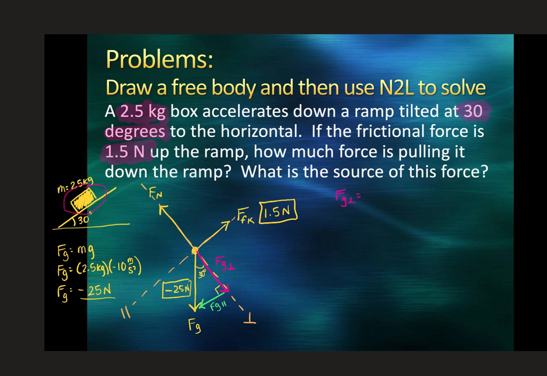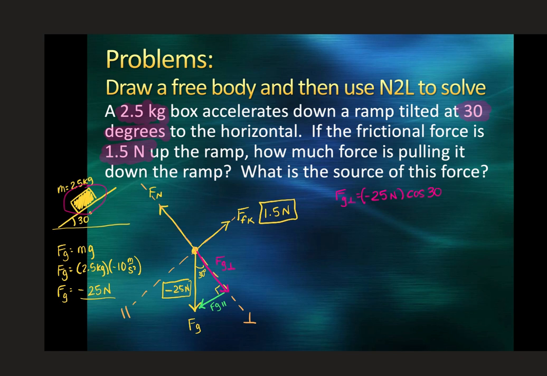And so the way that works out here, it's going to be FG, which is negative 25 newtons, times the perpendicular component, which is going to be the cosine. So cosine of the angle, which is 30 degrees.